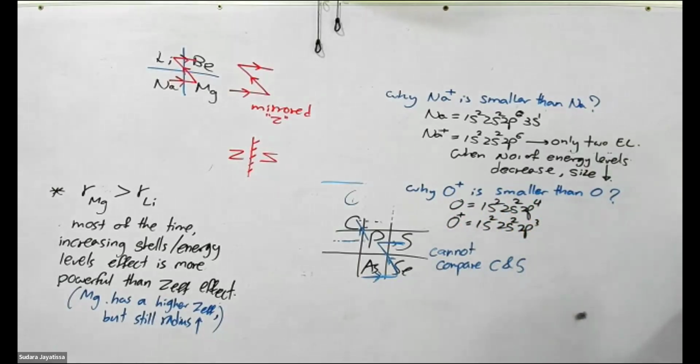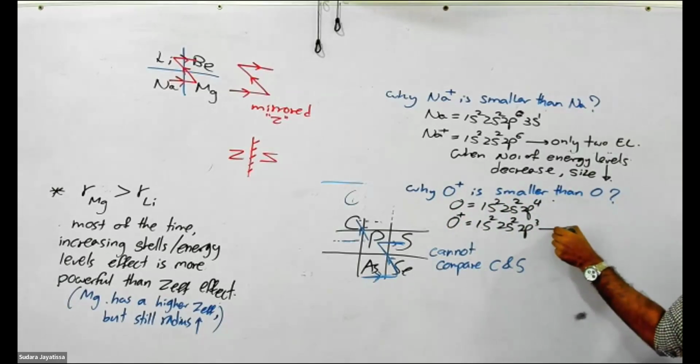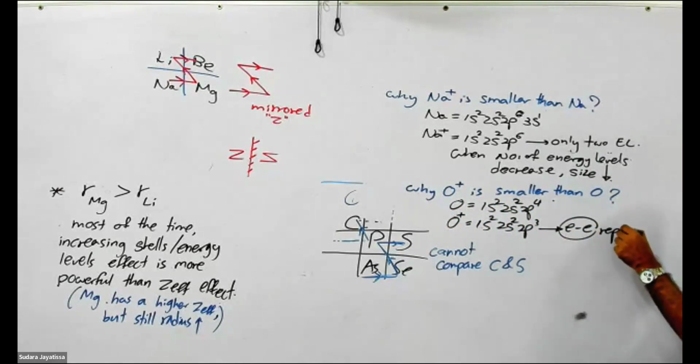Both have the same number of energy levels. So what we can say here is electron-electron repulsion decreases. That's the reason. We can't bring that energy level point here.